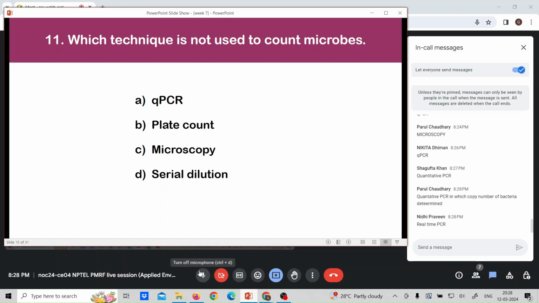With quantitative PCR, you can also count the bacterial load. You can use those amplicons to get the bacterial load. So qPCR can be used to count microbes. Plate count can also be used to count microbes. Now, one person has answered it's microscopy and no one has told it's serial dilution.